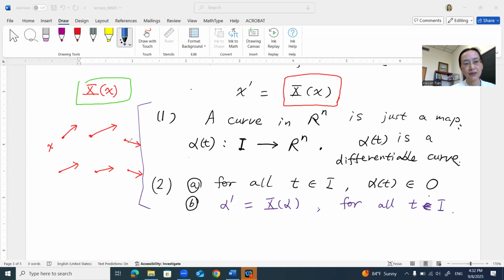If we have this vector field, then this x will go along with this curve. At this location x, its tangent vector will be the same as the capital X. So you can describe a solution curve based on the vector field.